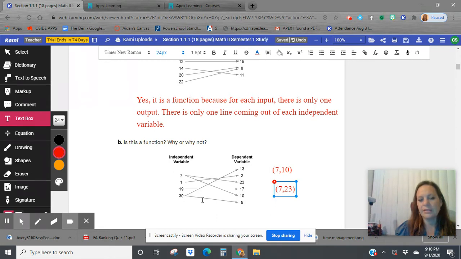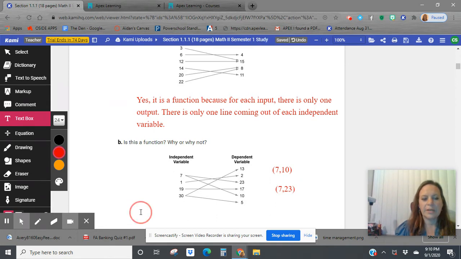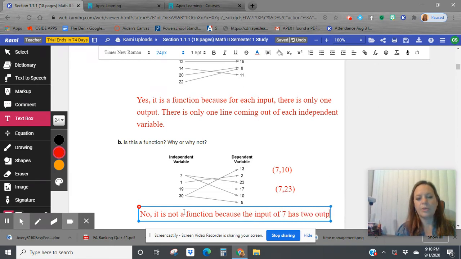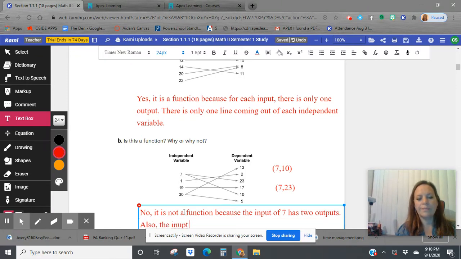So when I answer this one, is it a function, yes or no? No, because the input of 7 has 2 outputs. Also, the input of 30 has 2 outputs, or 2 lines coming out.